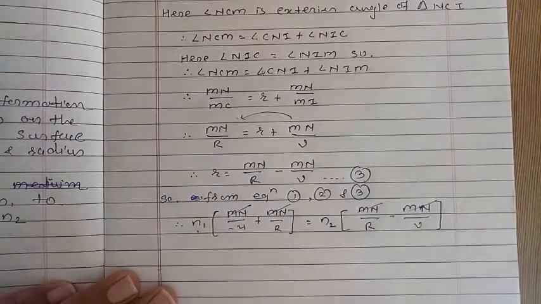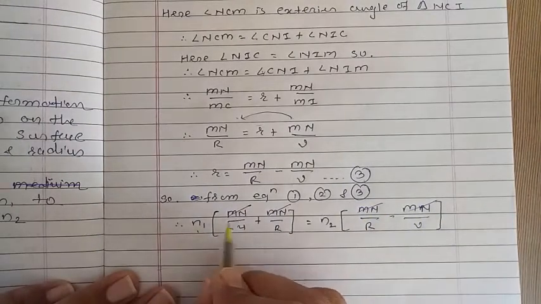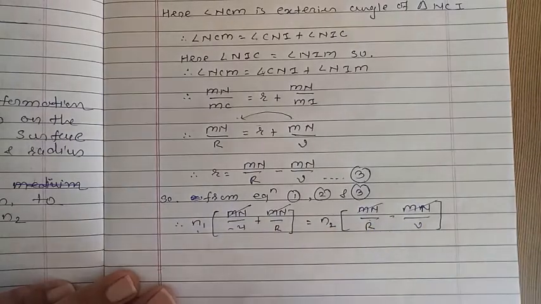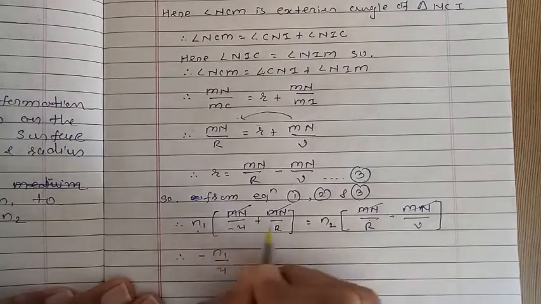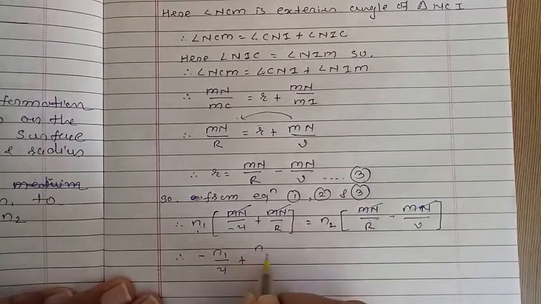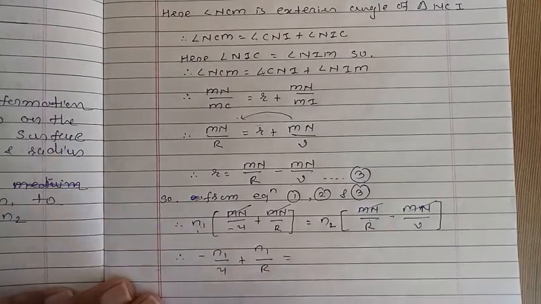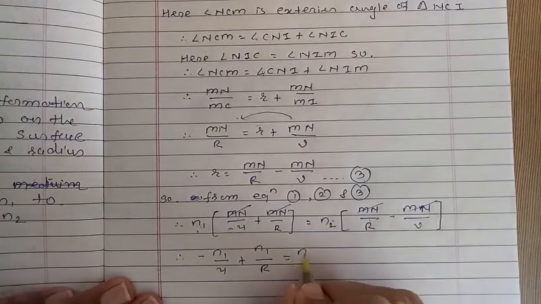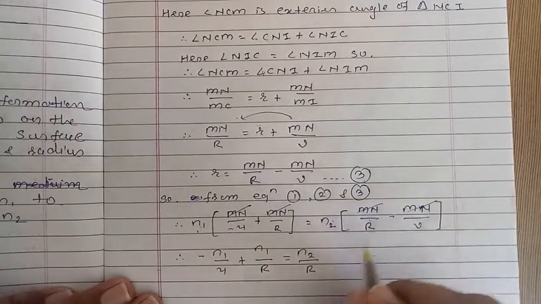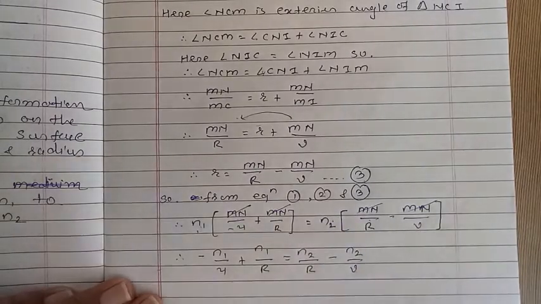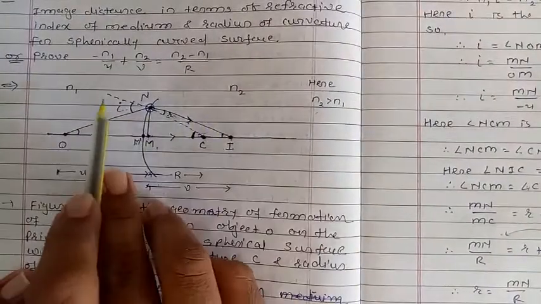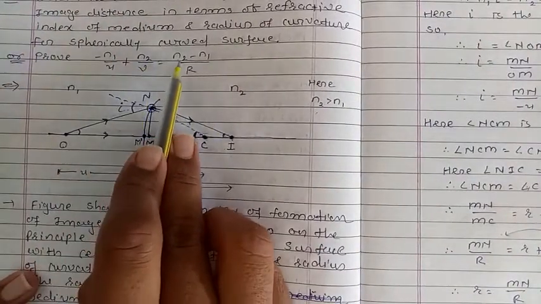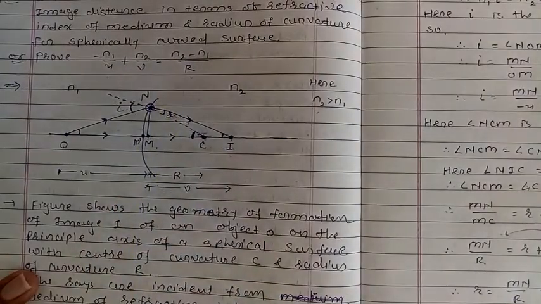So we multiply by N1 and by N2. We can write minus N1 by U plus N1 by R is equal to N2 by R minus N2 by V. Here we have to prove an equation like this: minus N1 by U plus N2 by V is equal to N2 minus N1 by R.